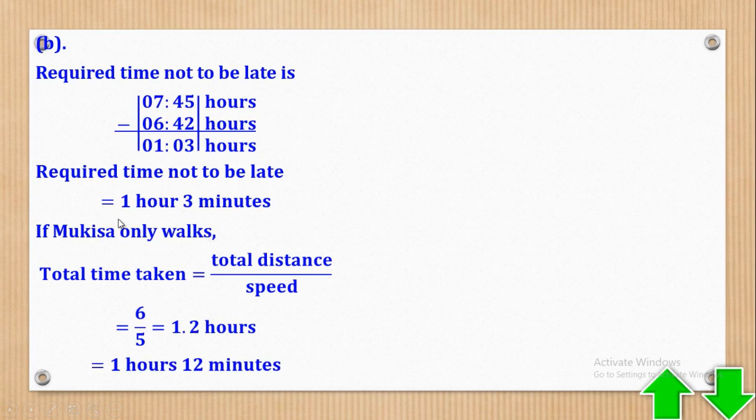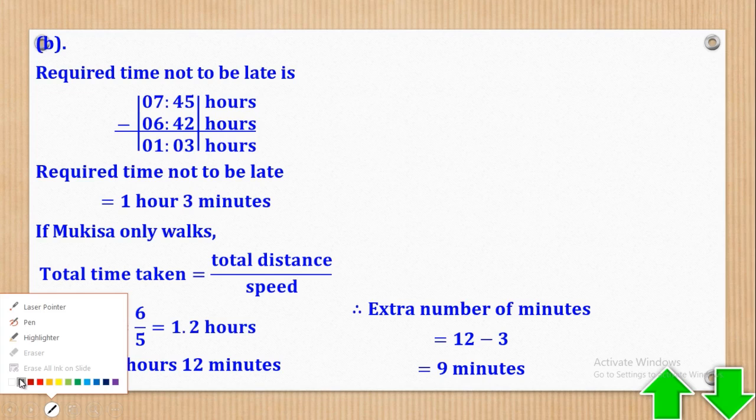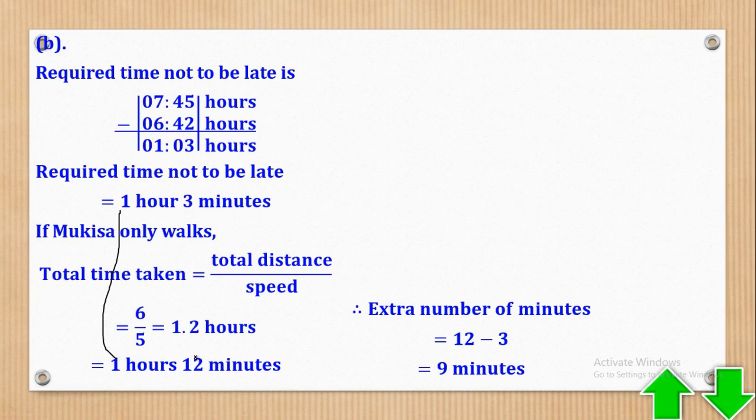But the time required not to be late is 1 hour and 3 minutes, so we have to subtract. Therefore, the extra number of minutes will be 12 minus 3 to come up with 9 minutes. This is because 1 hour minus 1 hour is 0, so that's where this 12 minus 3 is coming from. So that's what they wanted.